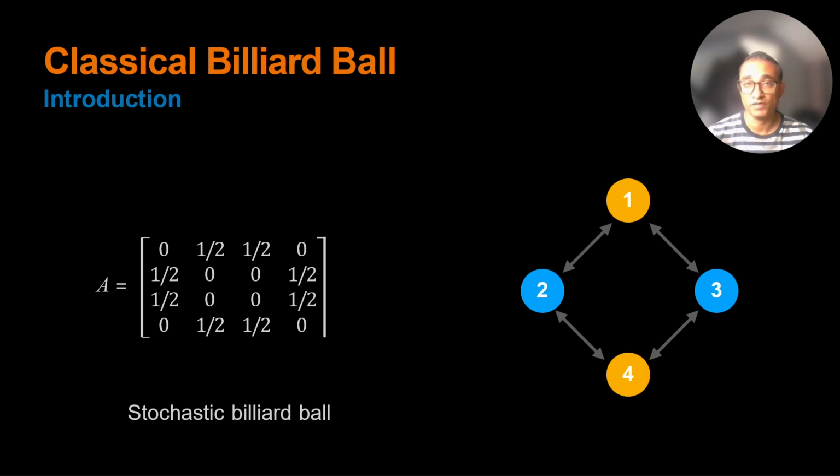And the probability of finding the ball is represented by the matrices, which is stochastic in nature, but it is double stochastic. What does it mean? It means that both the row and the column are L1 normalized. So when you sum up the probability either on the row or on the column, it will turn out to be 1.